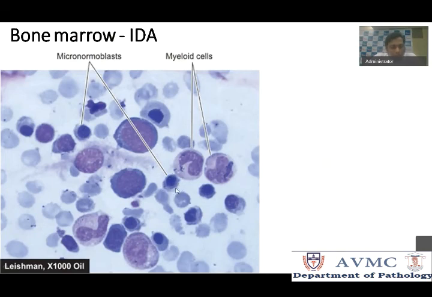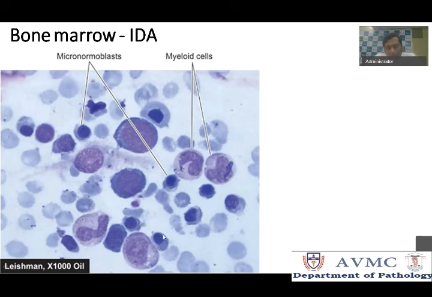It will still have that bluish color. And the size of this normoblast will also be smaller. I said normoblasts and all nucleated erythroid precursors will be seen only in the marrow. Okay, so the size of this normoblast will be smaller, and the cytoplasm will still have that bluish color. This we call a micronormoblast. This is a micronormoblast, which is very typical for iron deficiency anemia.